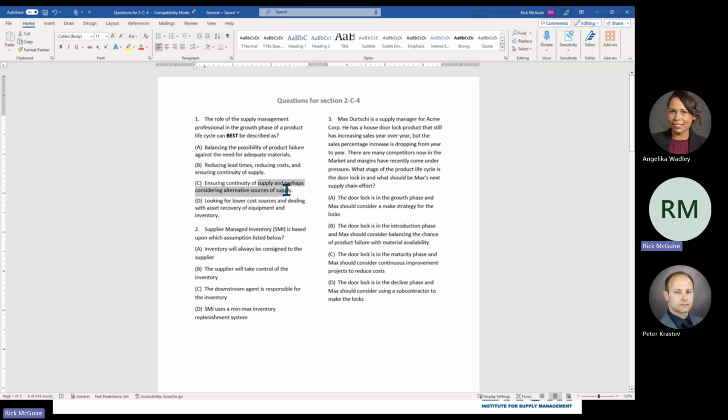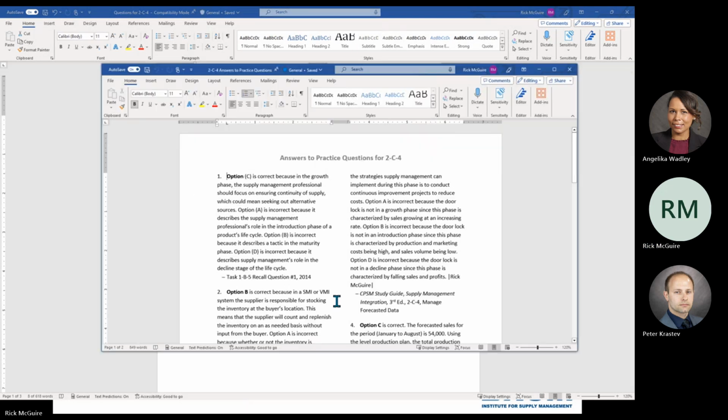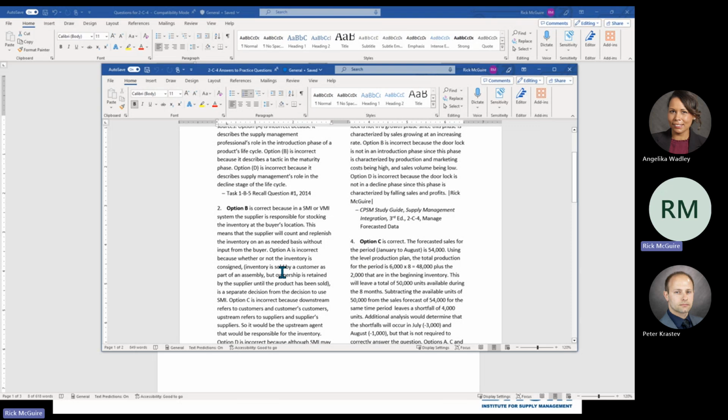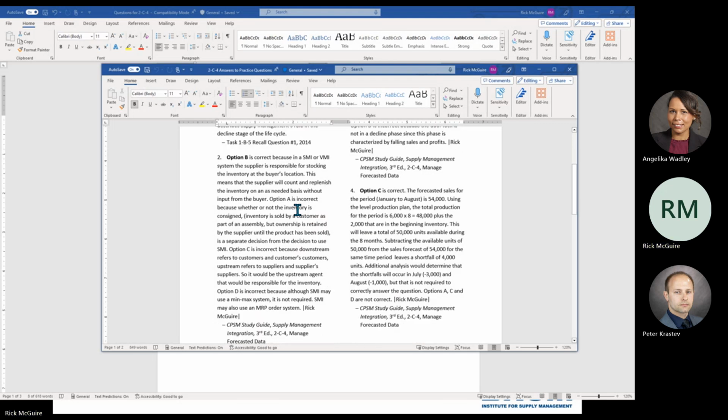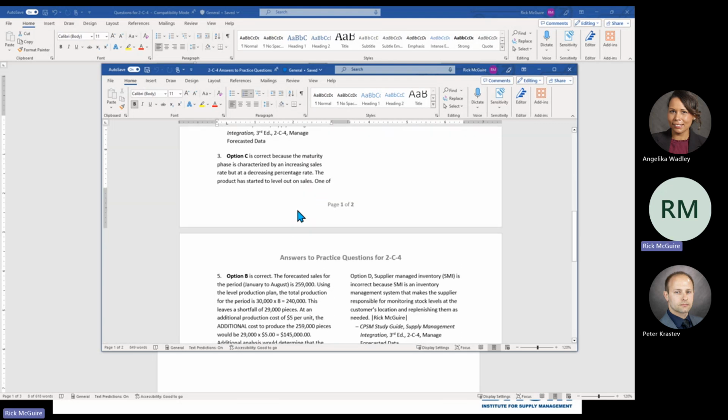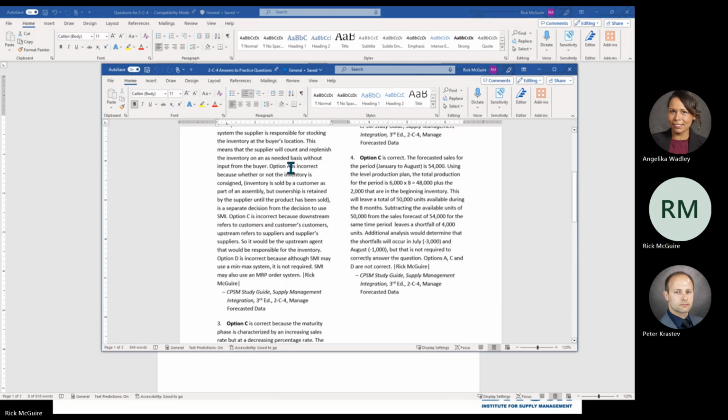In the growth phase, you're about alternative sources. Number 2 is B, SMI or VMI system, the supplier is responsible for stocking the inventory. 3 is Charlie. Maturity phase is characterized by increasing sales rate but decreasing percentage. It's going up, still going up, but going up slower and slower. So it's Charlie. 4 is also Charlie.